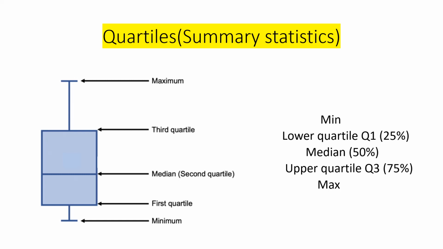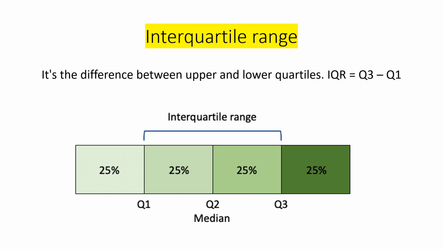The minimum, the lower quartile, Q1, which is 25%, the median, which is 50%, the upper quartile, which is 75%, and it is called Q3, and we have the maximum value. Interquartile range. It's the difference between upper and lower quartiles, which means that IQR equals Q3 minus Q1.